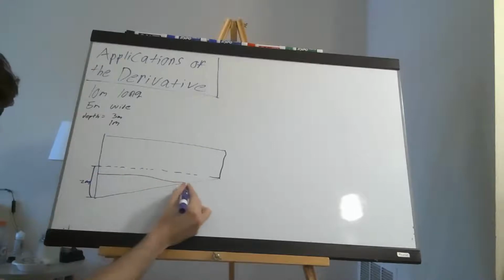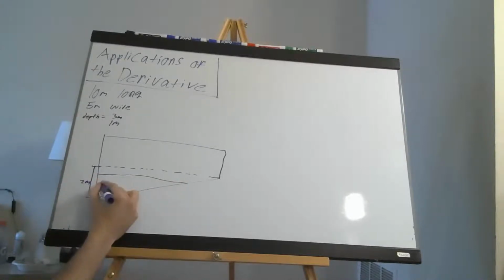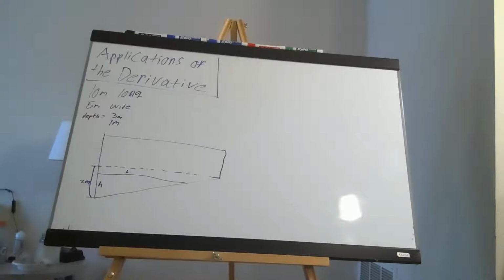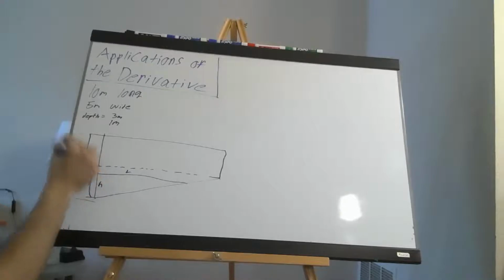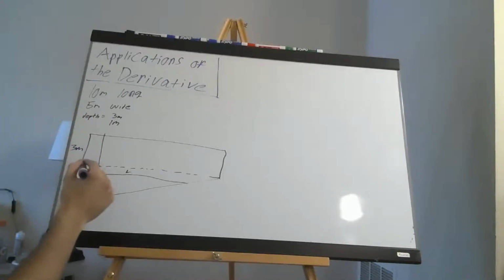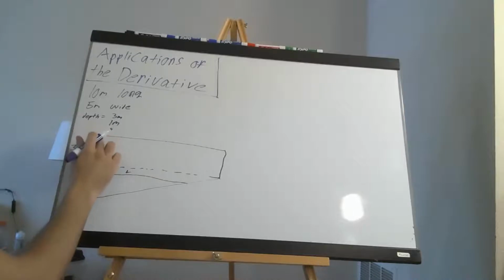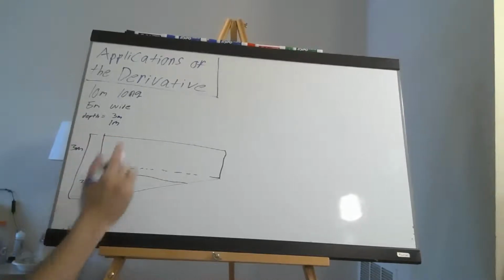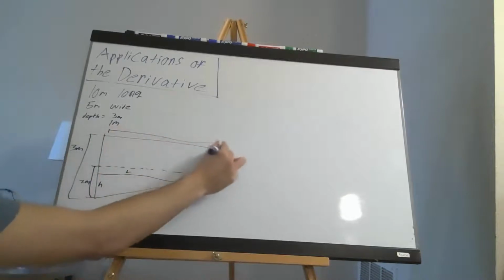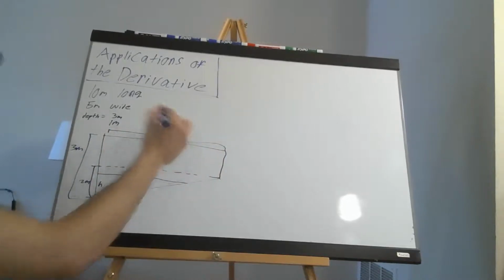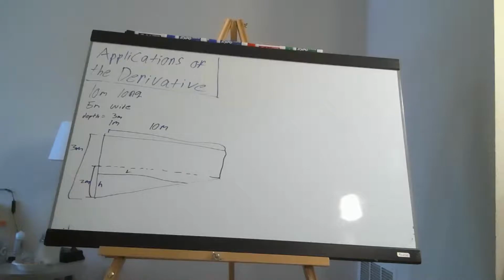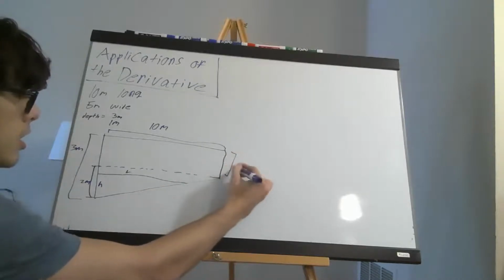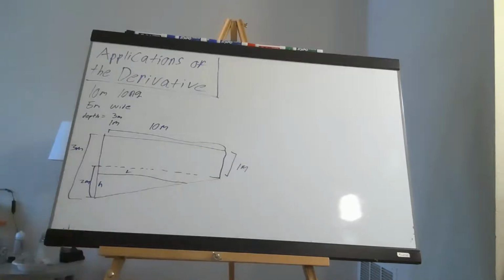This is the water right here. So we've got height, length, and then this right here is 3 meters. And across the pool, from here to here, is 10 meters. And this over here is 1 meter.